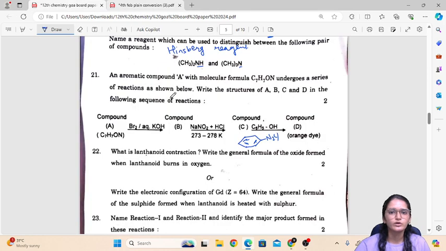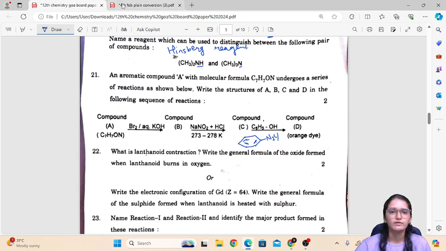Now before that, which compound did we take to convert to benzene diazonium chloride? This reaction was also there in our first organic chapter, that is haloalkanes and haloarenes. In that we were taking aniline to react with particular reagents at 273 to 278 Kelvin temperature to get benzene diazonium chloride.